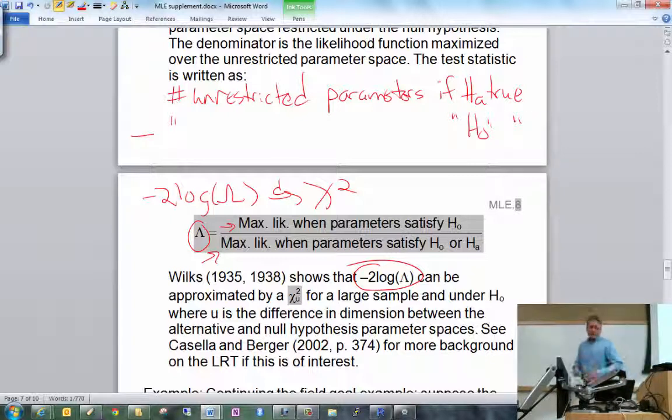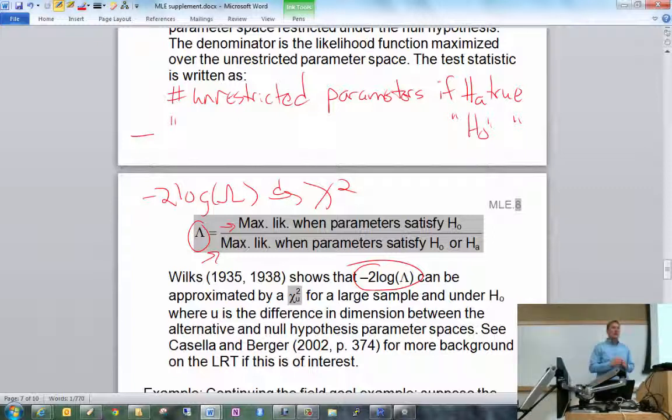I phrased it in a more mathematical way there on page 8 in my notes. I think this is a little bit easier way to think about it. And if this is still not clear what that means, I will have an example very shortly that will explain it very, very well. Okay.